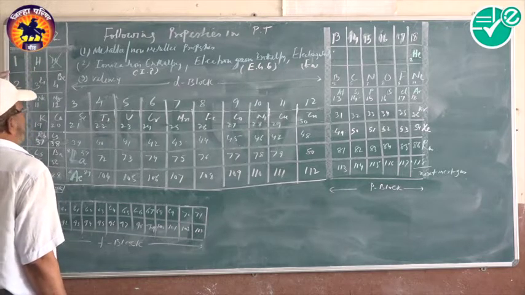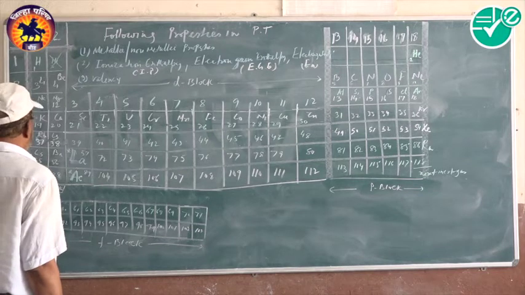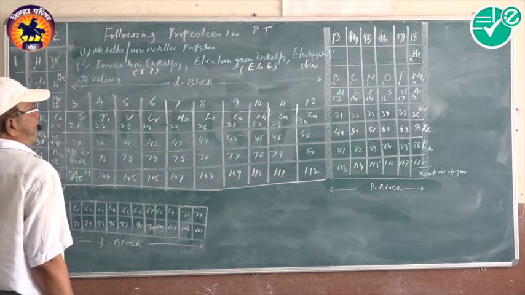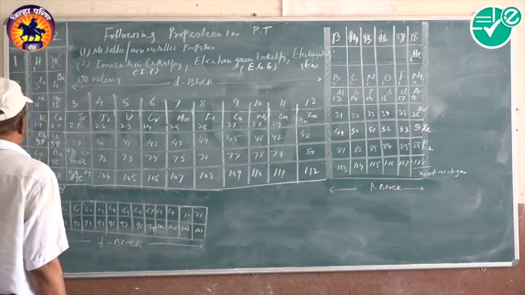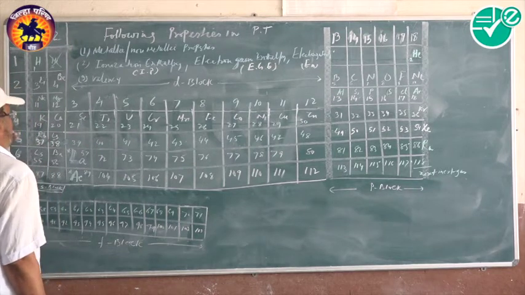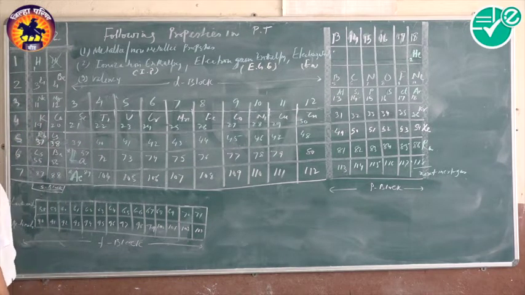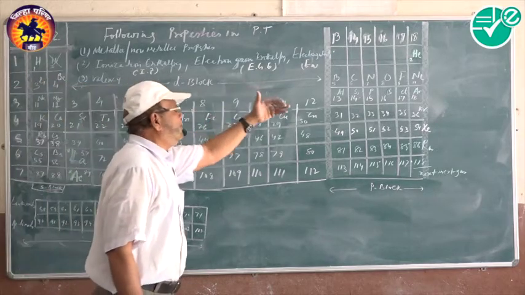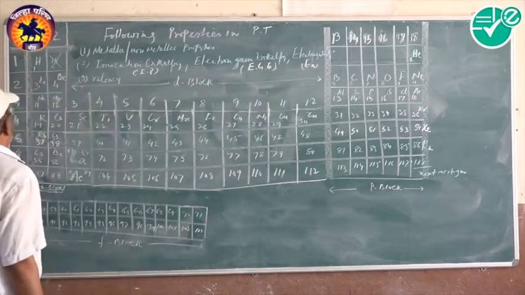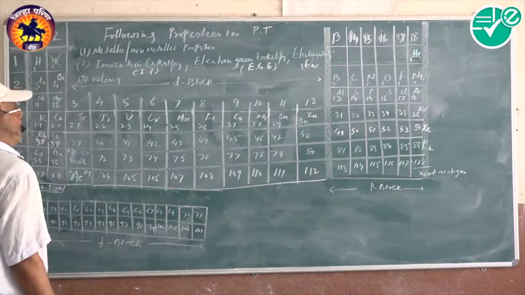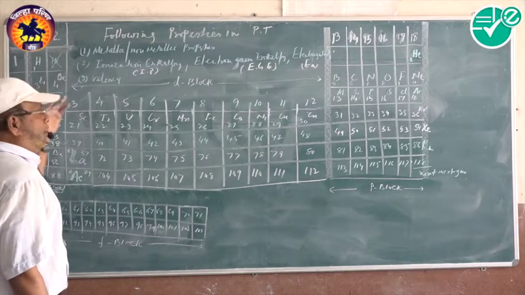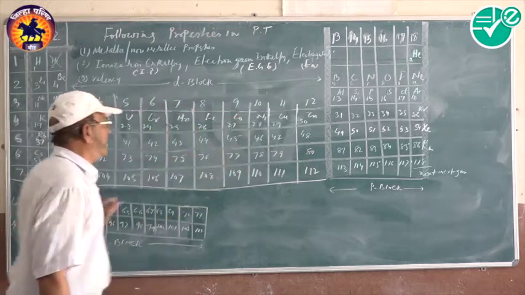Therefore, 2/3 of elements are metals. So metal you may call male is dominant, then non-metal means female. Only 1/3 is non-metal.